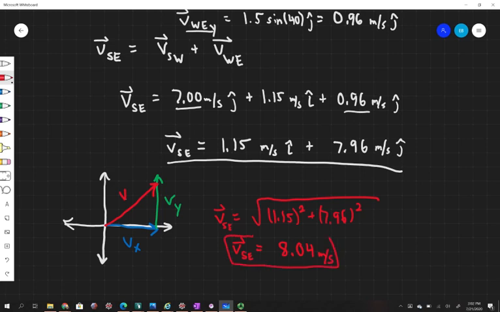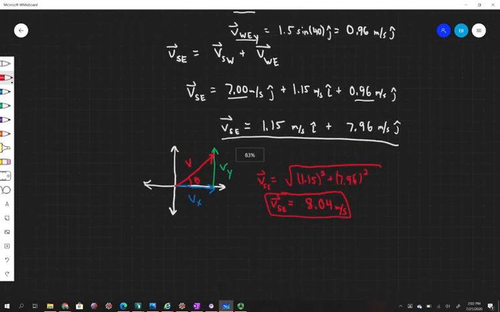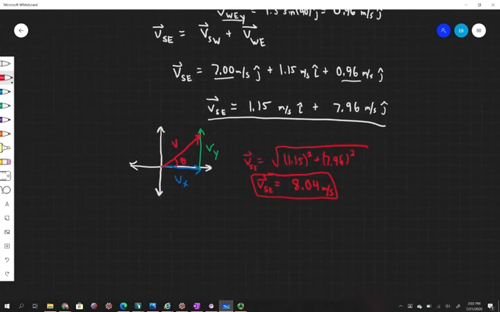Now what's the angle that this is acting at? So here's my angle. I can pick any kind of triangle function that I want inside of this. I'm going to pick tangent. I just tend to pick tangent because it's the easiest in my brain. So tangent of theta is the opposite side over the adjacent side. Opposite side is 7.96 divided by the adjacent side, 1.15. To get the angle theta, I take the arctangent of both sides.